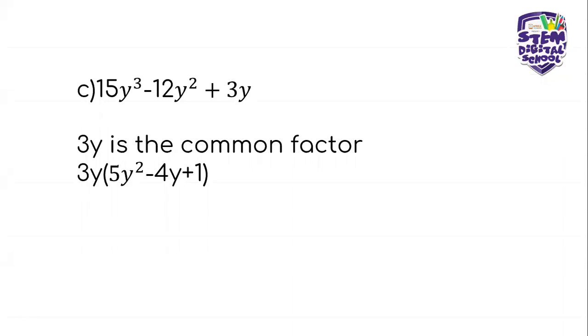In such a way that if you take the expression back to its original form, you simply have to multiply the bracket by 3y. So you can see that if you multiply 3y by 5y squared, you get 15y cubed. And then, of course, if you multiply the same 3y by negative 4y, your answer will be negative 12y squared.